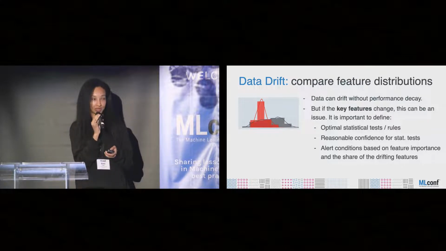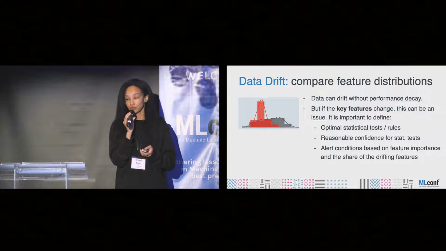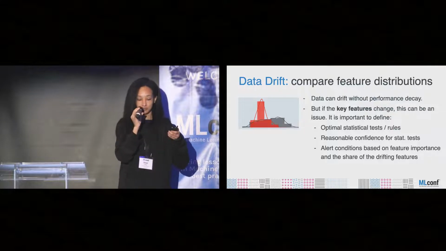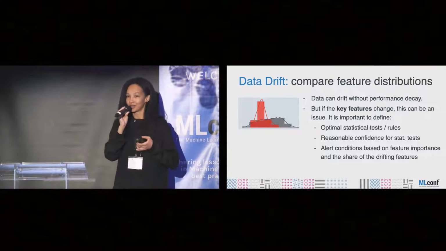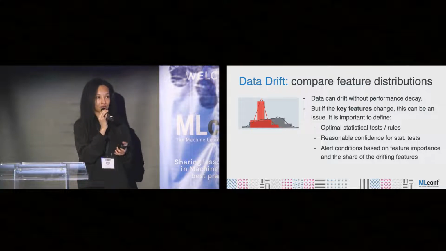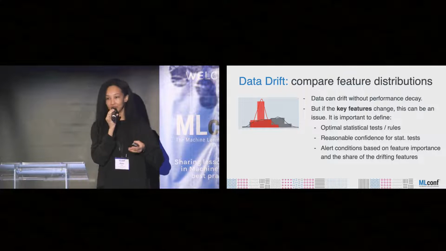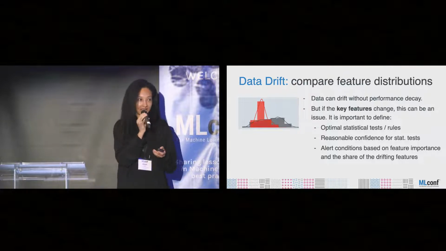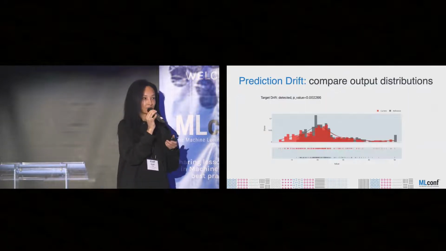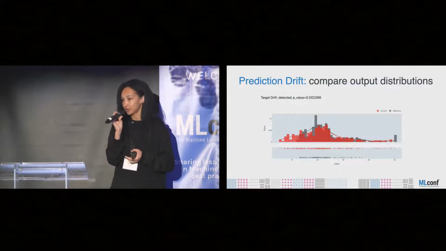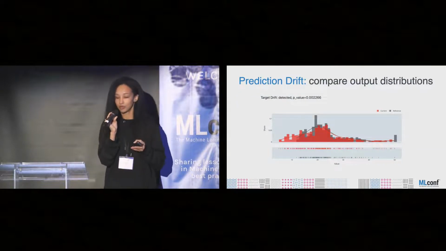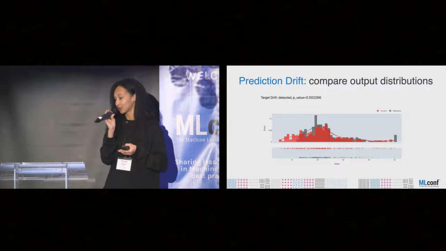And there are pretty interesting calculations because there are a lot of degrees of freedom. So which statistical test to choose, where is the threshold, and many questions like this. So let us discuss them one by one. First of all, I want to mention again that when we talk about data drift, it's not only about features.